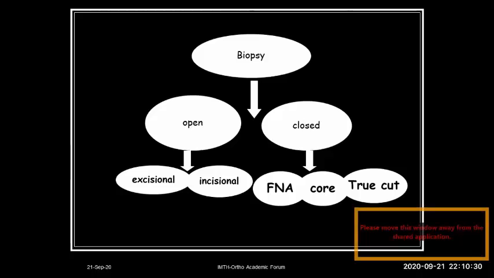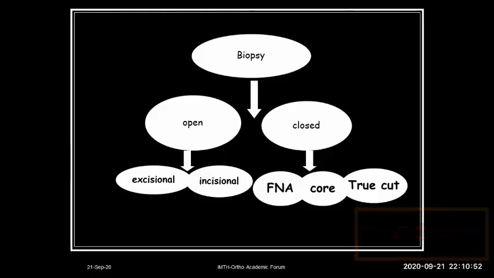We go and do excisional biopsy. We take all the bony and cartilage cap of the exostosis and send it for histopathology. We call it the open type of biopsy, and in the open type, actually it is excision, and we do it just when we are 100% sure that this is a benign bone tumor.